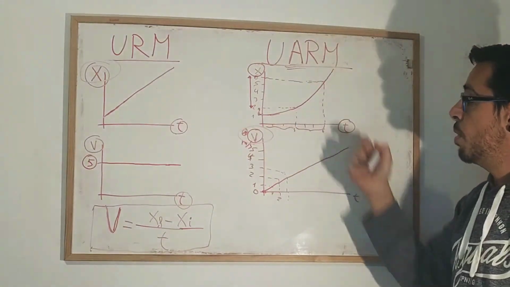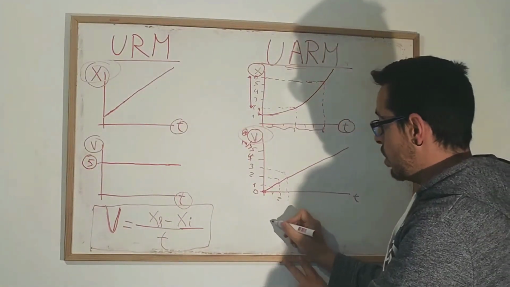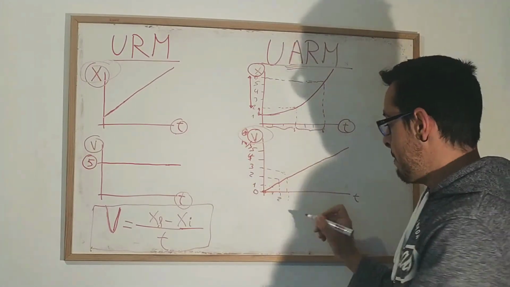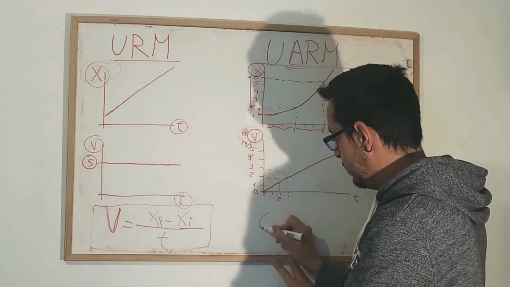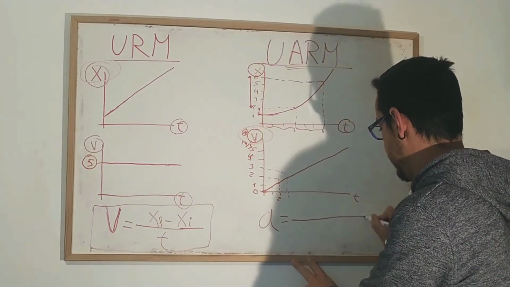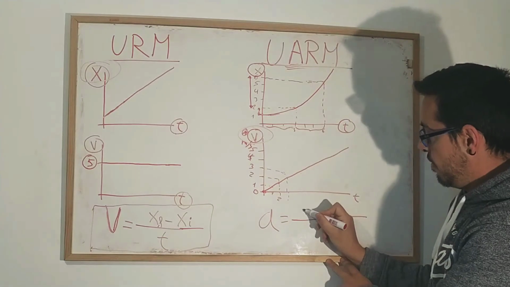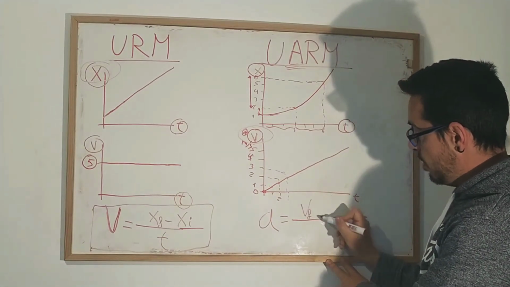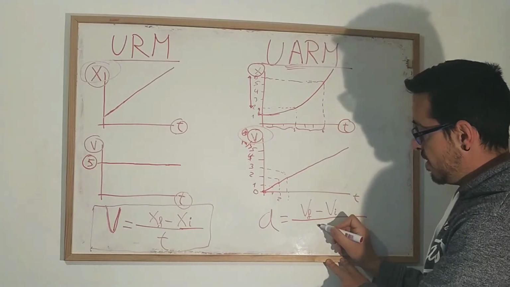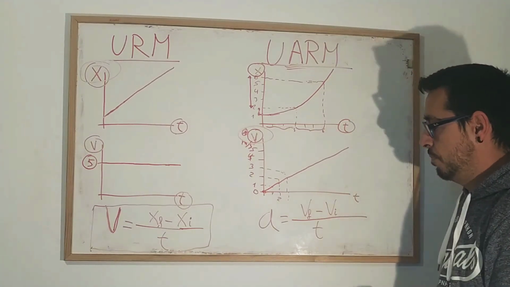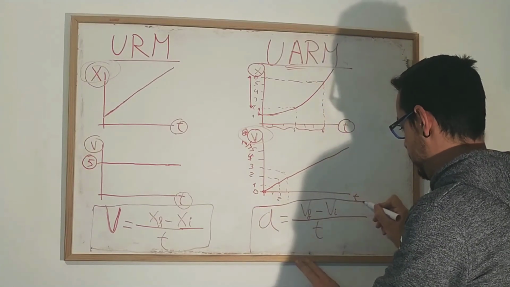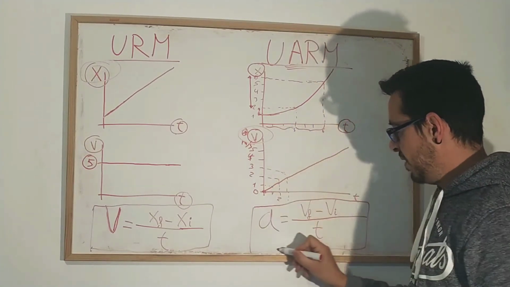And in this kind of motion, we are going to use the formula of acceleration. Acceleration is going to be the final speed minus initial speed divided by time. This is the one we are going to use with this kind of motion.